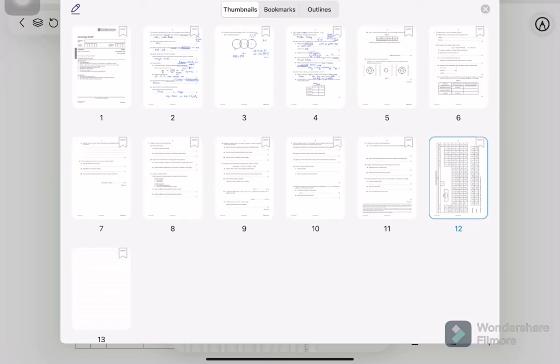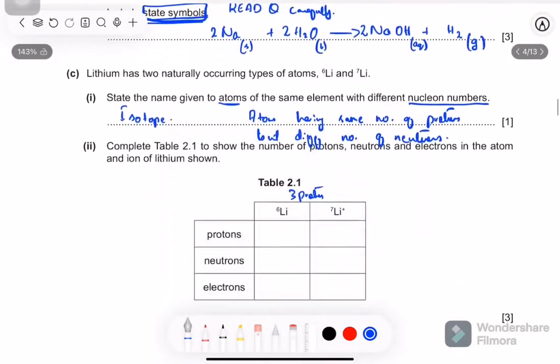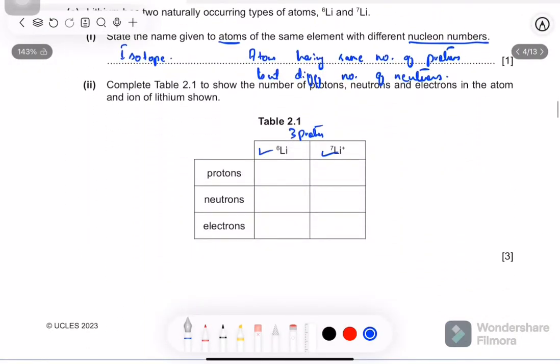So the lithium given in the periodic table will have the same number of protons as either of them, but the number of neutrons can be different. So the number of protons will be the same for each of them, 3 and 3. Number of neutrons will be the mass or the nucleon number minus the number of protons, or the proton number simply. So 6 minus 3 will be 3, 7 minus 3 will be 4.